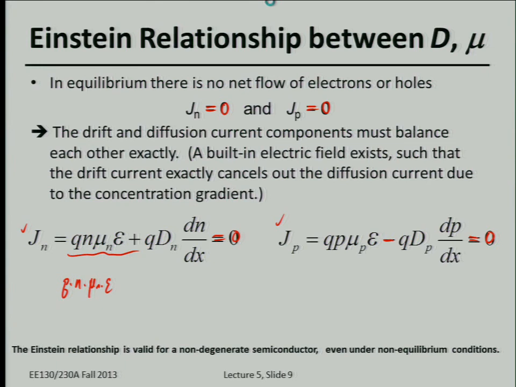The thermal voltage, kT over q, is constant, as is the diffusion coefficient. So the relationship is finalized as the diffusion constant equals kT over q times the carrier mobility. This is what we call the Einstein relationship, as I wrote in my title.